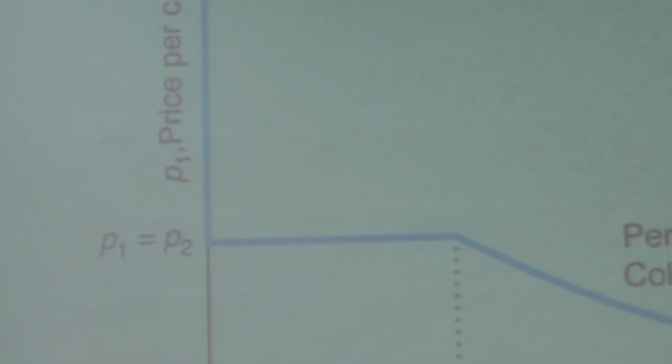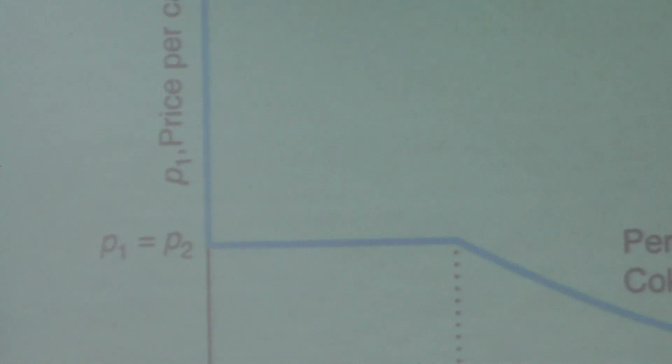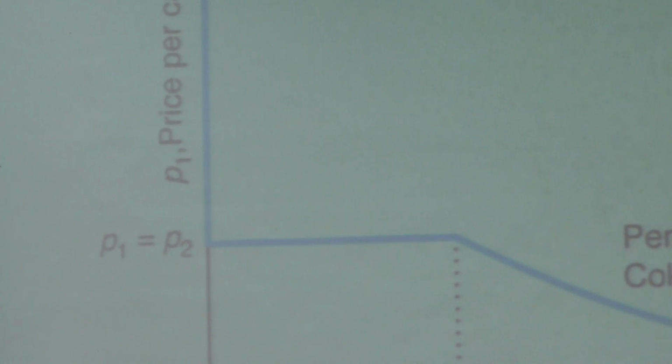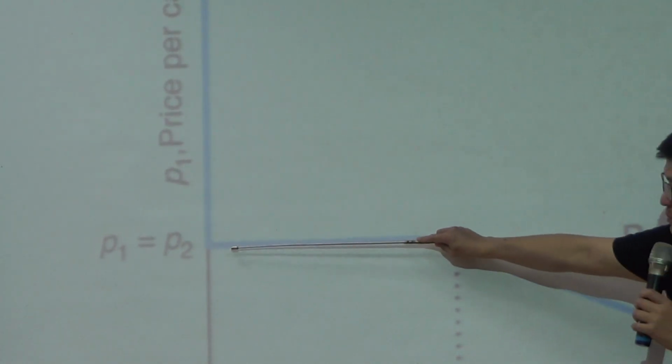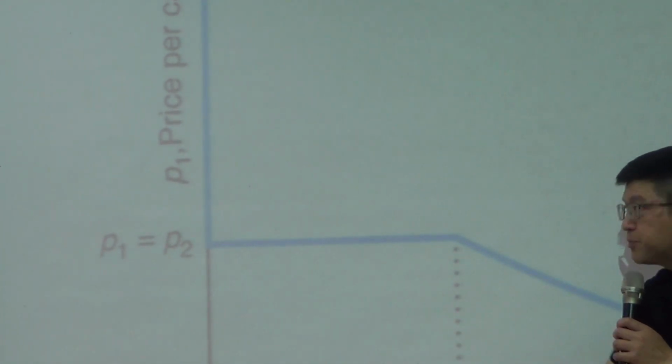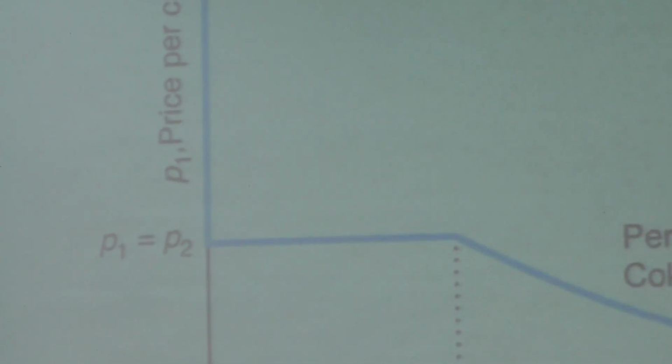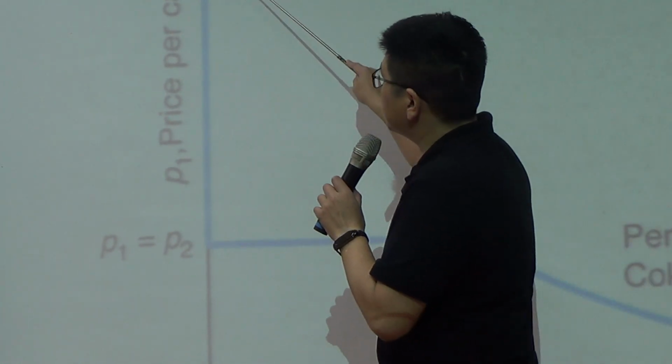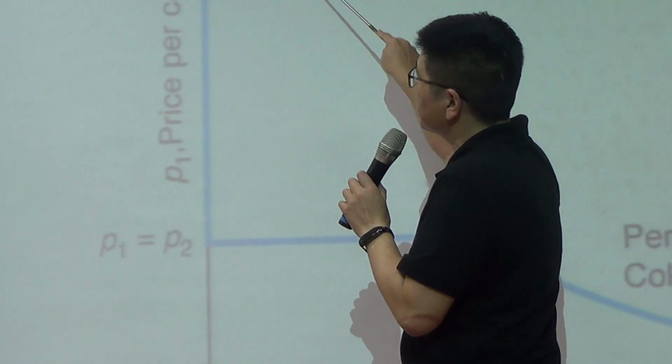So this would be y over P1. Okay? As P1 falls below P2, then this curve, y over P1. And here, would you please just say Q equals 0.